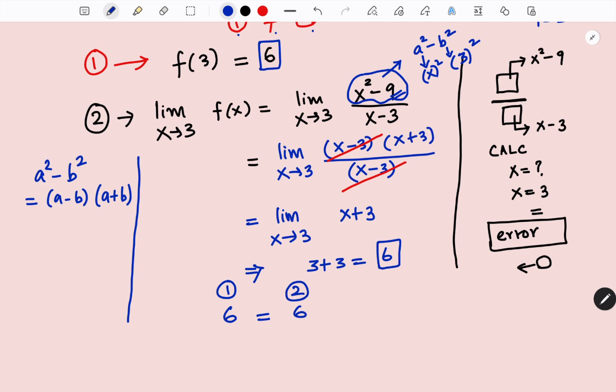Your conclusion is that both answers are the same, so you can write that the function is continuous at x is equal to 3.